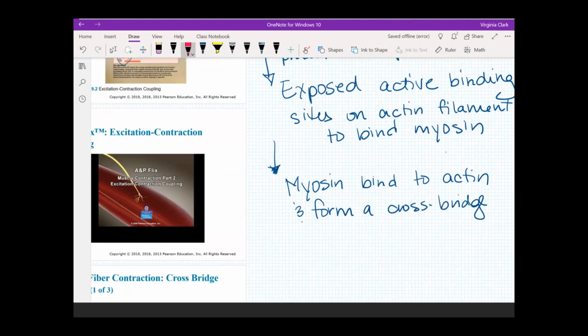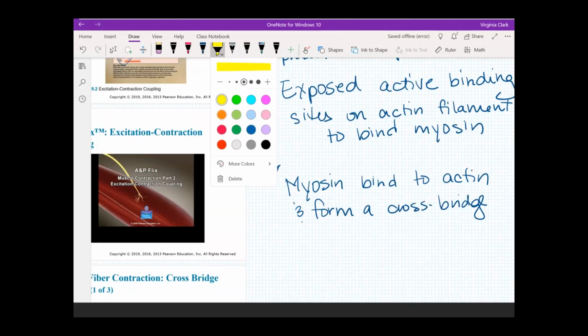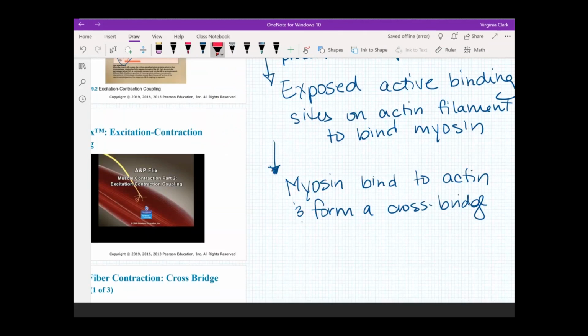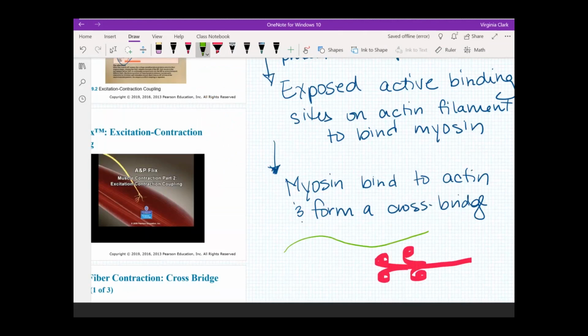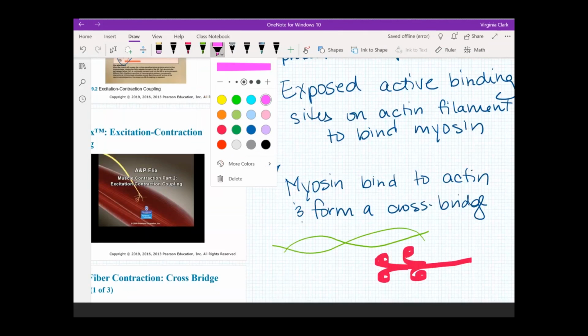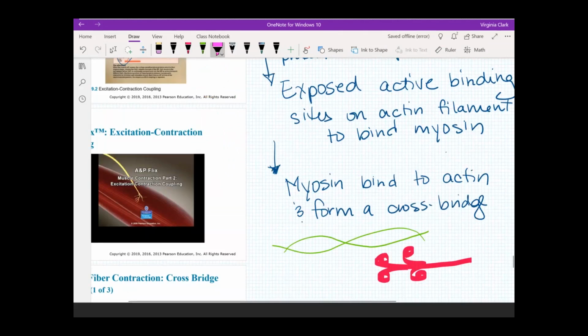So if my myosin, my thick filament, looked like this with my golf club heads, and my thin filament was going to have this guy with my molecules of actin now available. I'm going to do it as an open because my binding sites are now available.